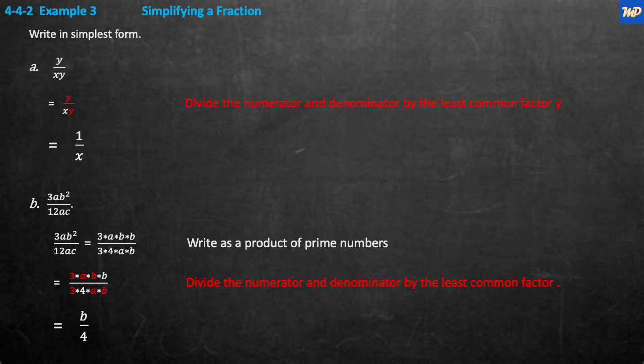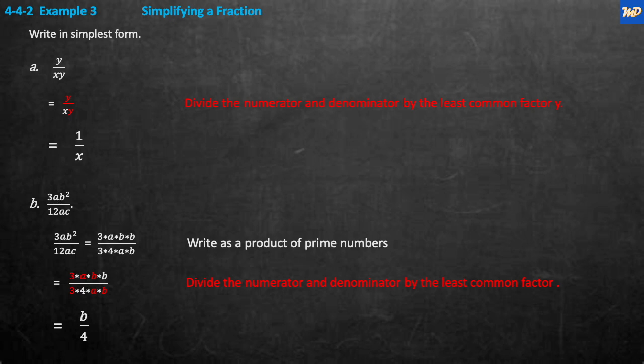On the bottom, they turned that 12 into 3 times 4, so it was 3 times 4 times a, because there's a single a there, and c. The red variables and numbers I have marked off here are easy to spot, so you can factor them out.